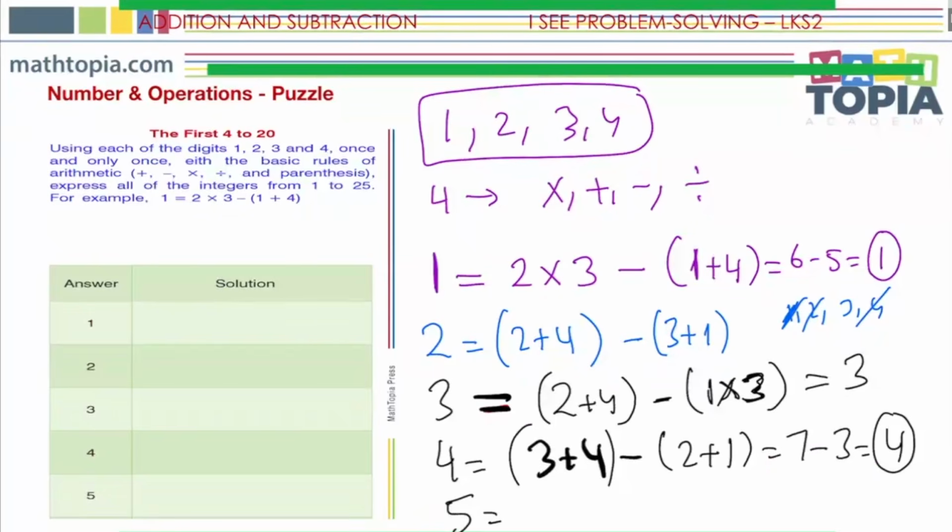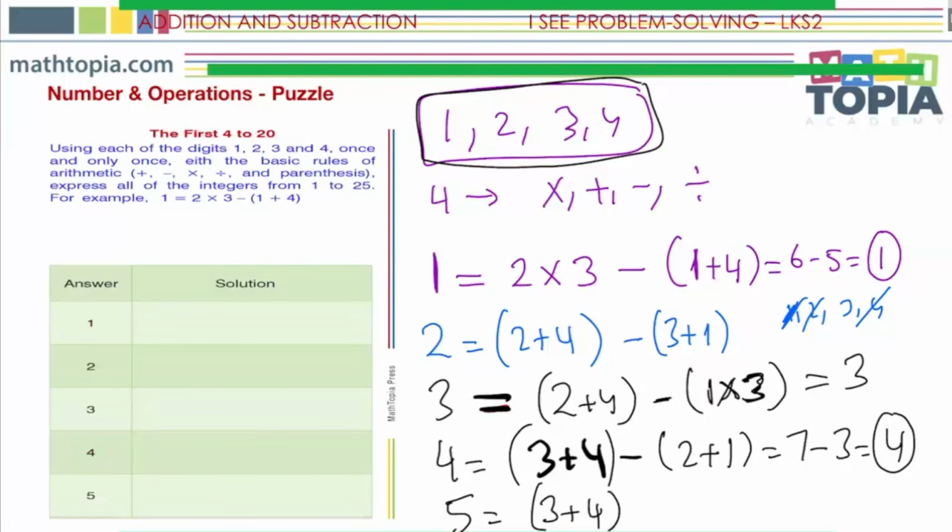How do we get 5? 3 plus, but we have to use 1, 2, 3, 4. Possibly 3. Okay, 3 plus 4.